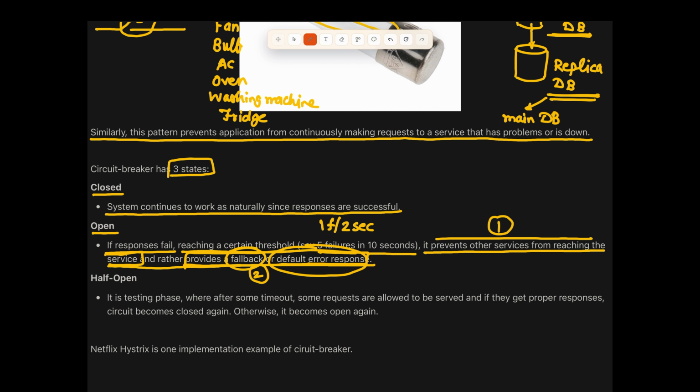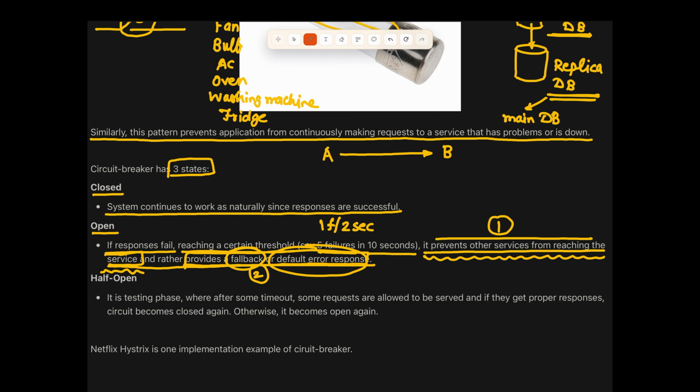The first point is quite interesting. It altogether prevents other services from reaching the down service itself. Why would someone want that? So let's say there were two services, A and B. A was dependent on B for some reason.